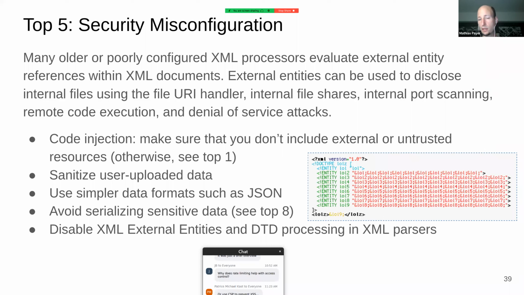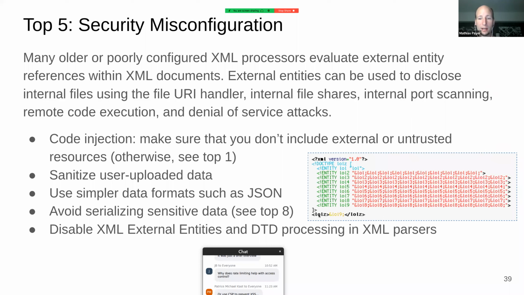So this used to be an issue, right? In XML files, you can include or reference other files that then result in weird behavior. The image that I'm showing here is the billion lols attack, where there's an entity defined called lol that includes an entity lol2 that includes lol 10 times, and then lol3, which includes lol2 10 times, and so on.